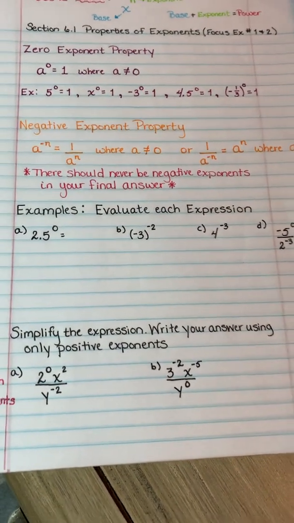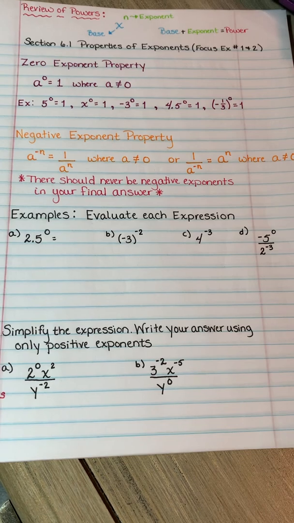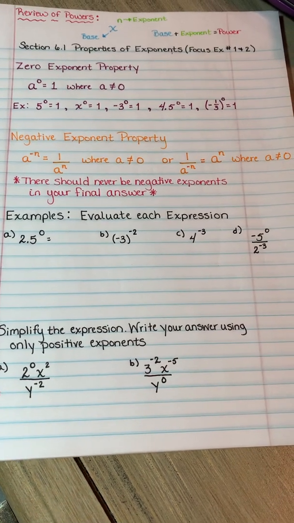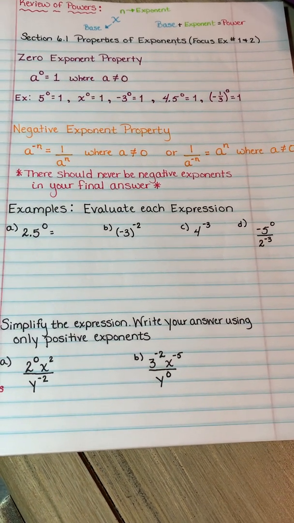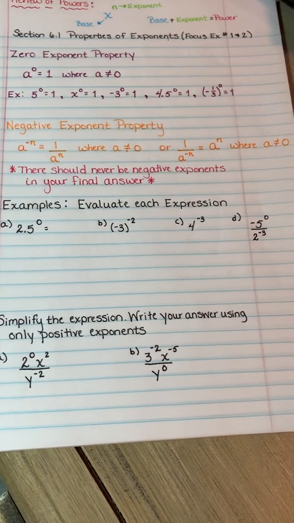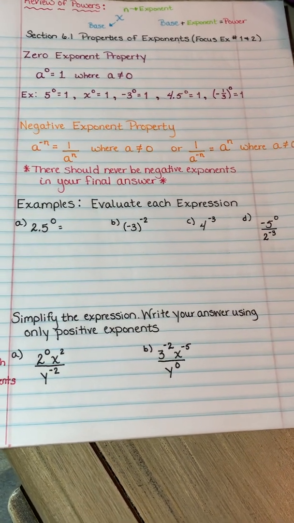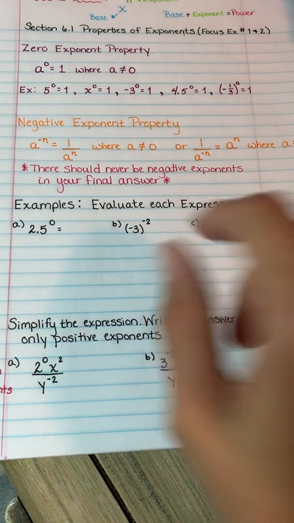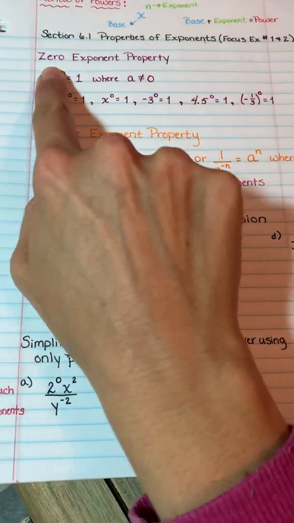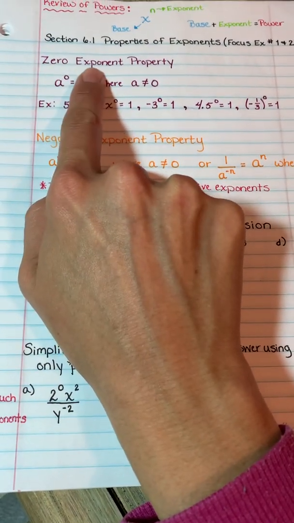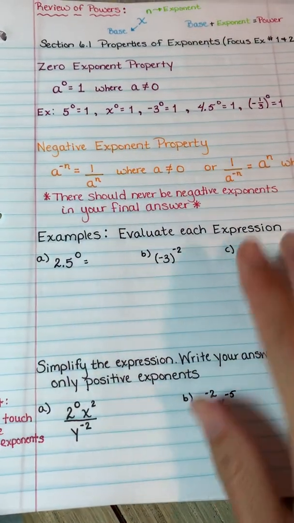So today we're going to be looking at, like I said, just examples 1 and 2. We're going to kind of baby step this section along the way. There's several properties in here, and we're going to just work on a couple of them at a time. So today our focus is going to be on the zero exponent property.